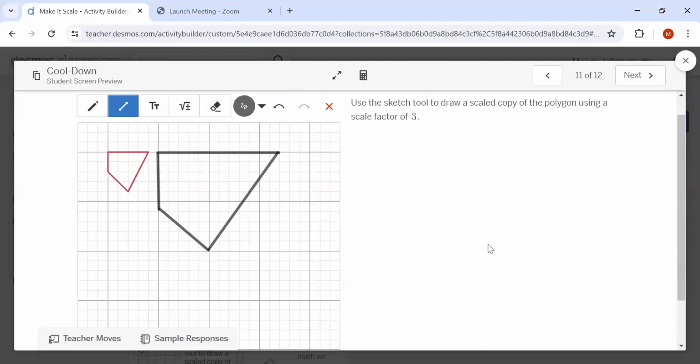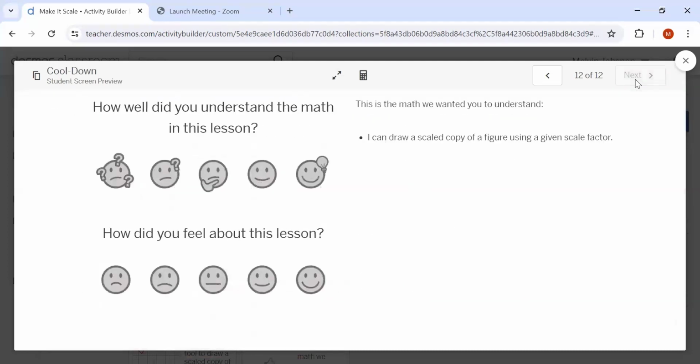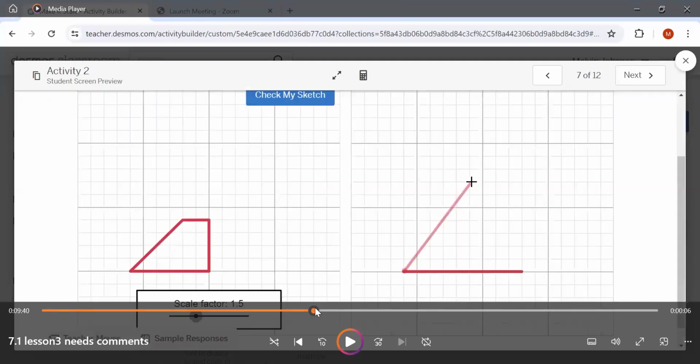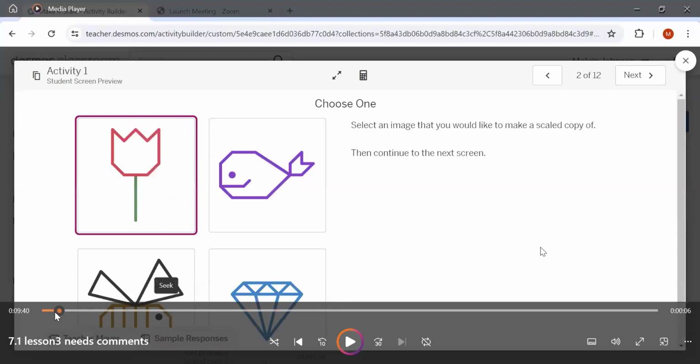So I hope this helps. I hope it doesn't confuse you very much. This is something that I feel like you should do a lot of. So recap. If you think about what we're doing, realize that we are doing scale factors on shapes, okay?